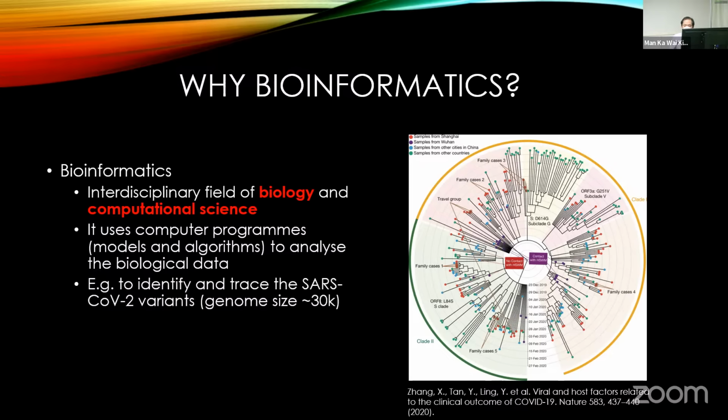Here is an example: the pandemic in the past 3 years. When SARS-CoV-2 came, we know the first variant was highly dangerous. Nowadays the variants may be less dangerous, but they are highly infectious. So it's different, but how do we know the relation between these different types of virus?